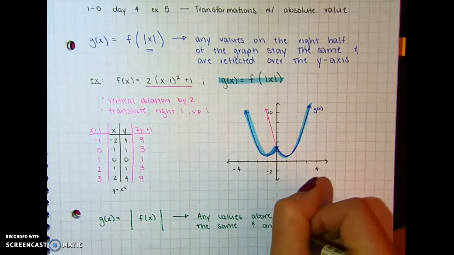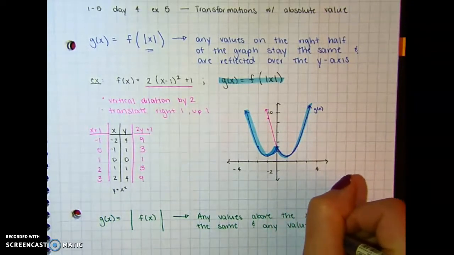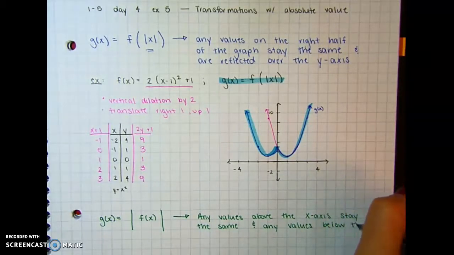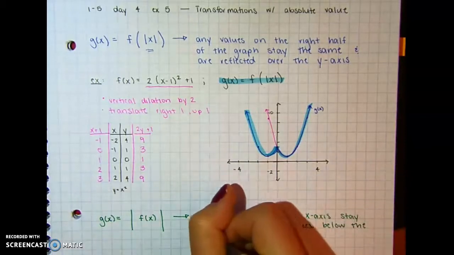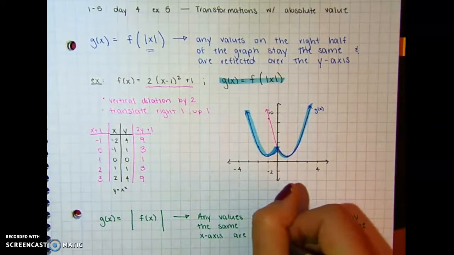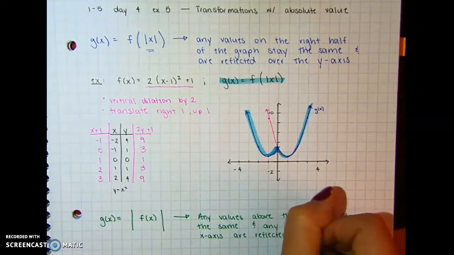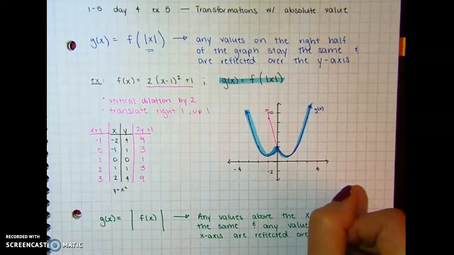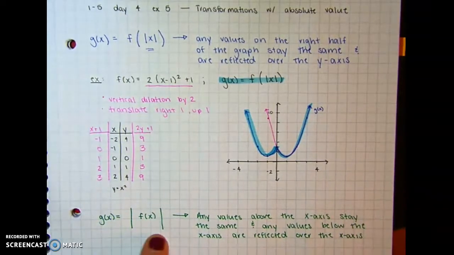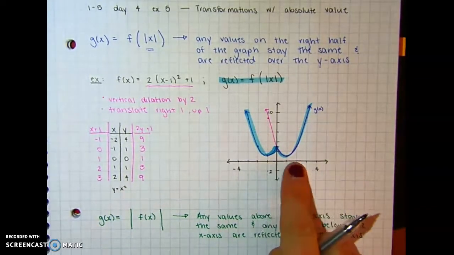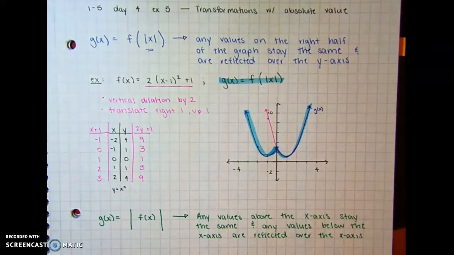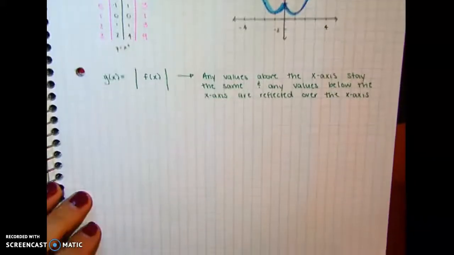And any values below the axis are reflected over it. Because we're making them positive, right? So we made all these x values correspond to their positive x values. Now we'll do something similar here.